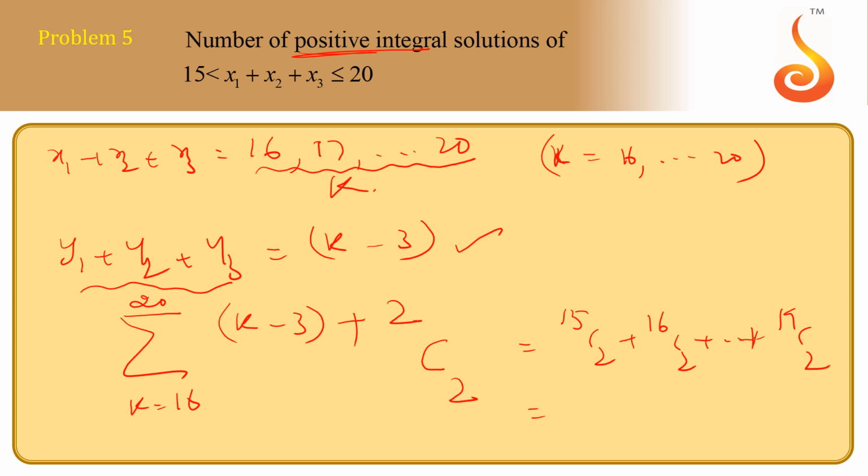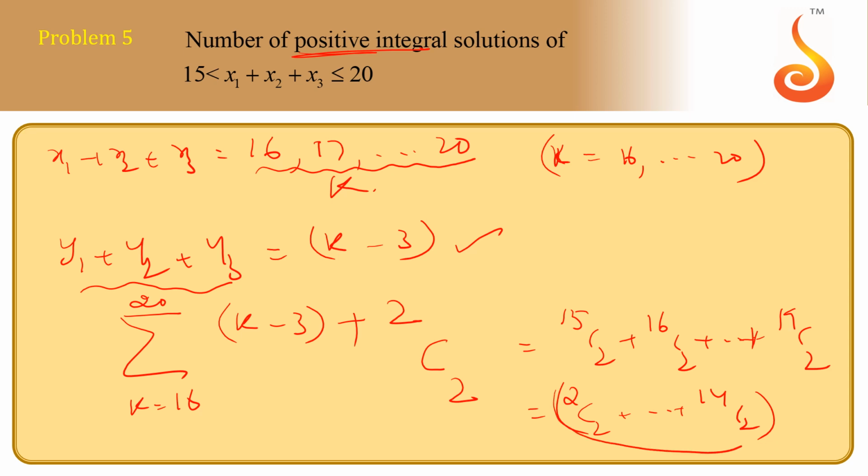Which summation is it? It is looking like a column summation, but it is not starting with the end. So you have to add from 2C2 to 14C2, and you have to subtract. Add and subtract this term.